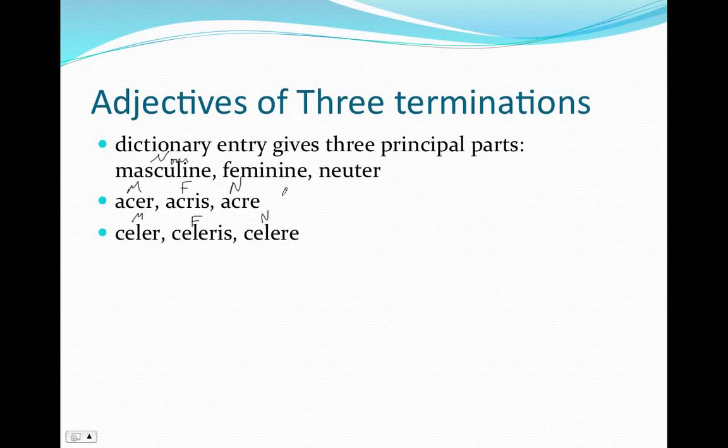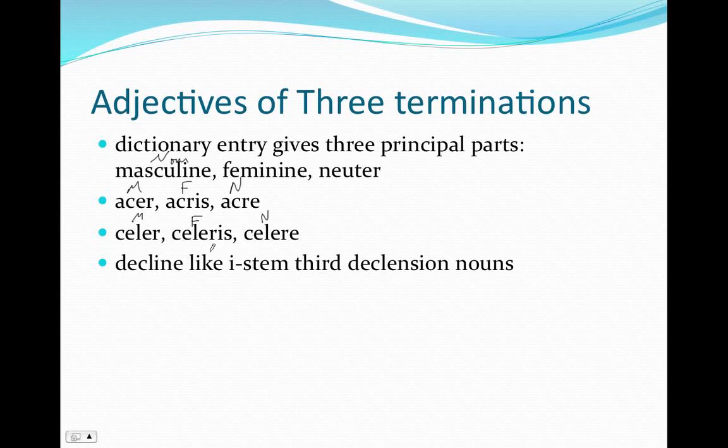These are all nominative singulars, so they still have to decline, and they decline like I-stem third declension nouns, in which the stem is gotten from the feminine. So the stem for acer, acris, acre is ACR, and we add our third declension endings onto this. For celer, celeris, celere, the stem is celer, and we add our endings onto that.